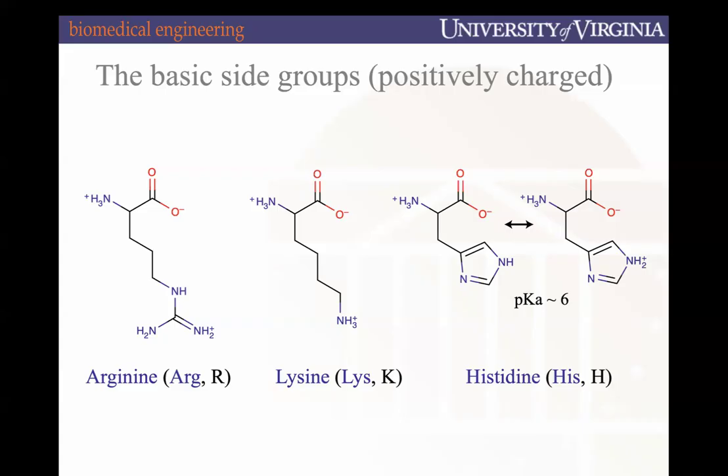And so it's important to know which ones are the positively charged ones. Histidine is positively charged within a specific pH, so the way in which it acts is kind of context dependent. But the ones that are usually positively charged or basic are going to be arginine and lysine.